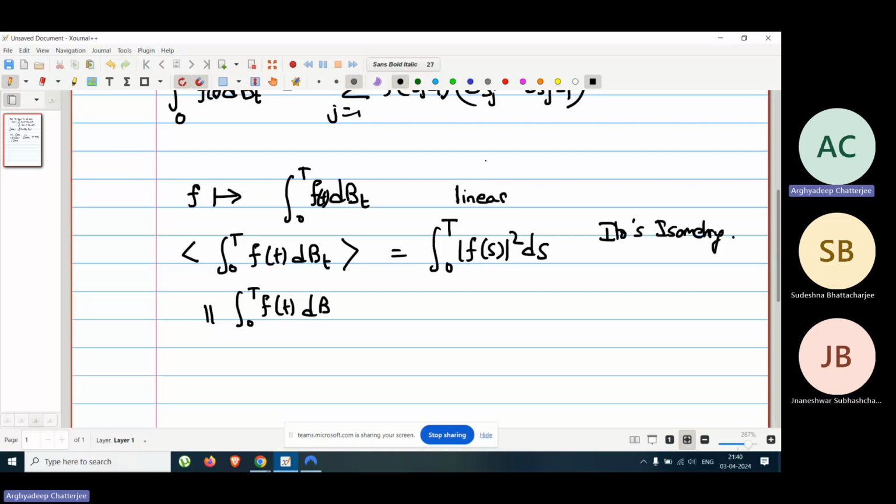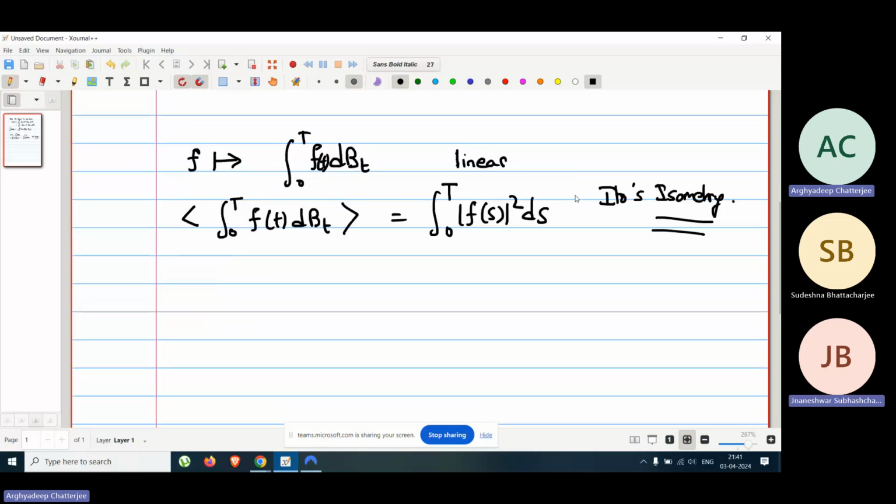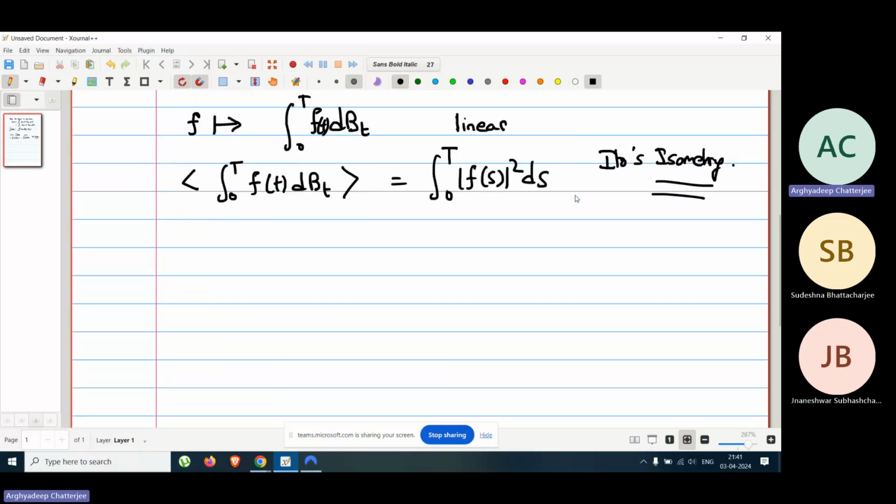Yes, so basically the isometry is from these. I'll define the norm next, and then I'll explain why it's called isometry. I'll define the norm for the general continuous function. But this is for just simple functions.